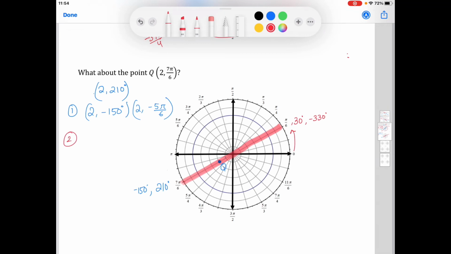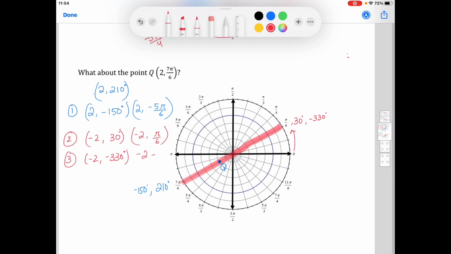That'll help you understand. So my second point, since I'm in the opposite direction, my r is going to be negative, and my 2 angles are going to be what? One's 30, and then the other is negative 330. Let's convert them into radians also.